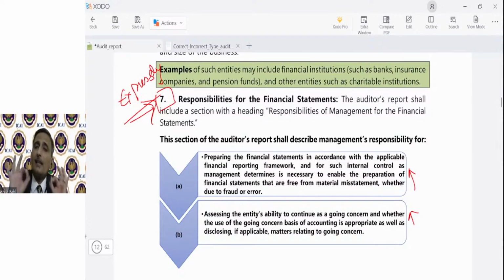Guys, these are two very basic fundamental points. Never lose sight of these 2 points. That management is responsible for preparation of financial statements. Management is responsible for devising a system of internal control, for ensuring that financial statements are free from material misstatement.